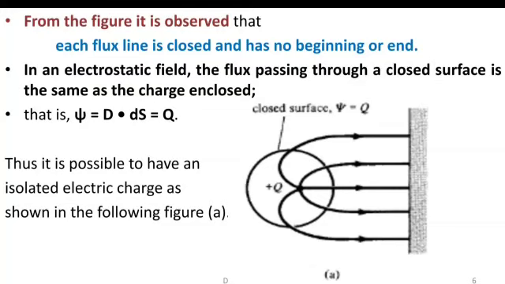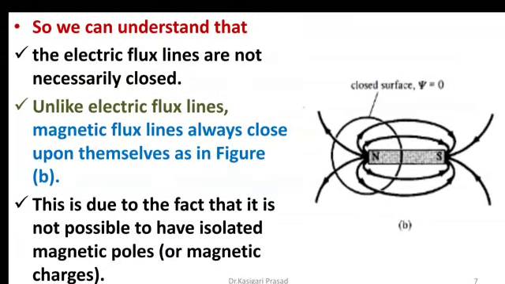Therefore psi is equal to integral of D dot ds, which is equal to the total charge, so psi is equal to Q here. We have taken a charge here and due to this charge some flux is produced, as shown in this diagram. Thus it is possible to have an isolated electric charge, as shown in the figure. So we can understand that electric flux lines are not necessarily closed.